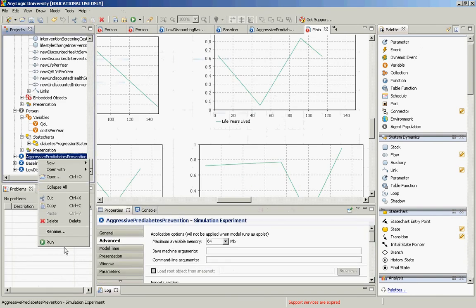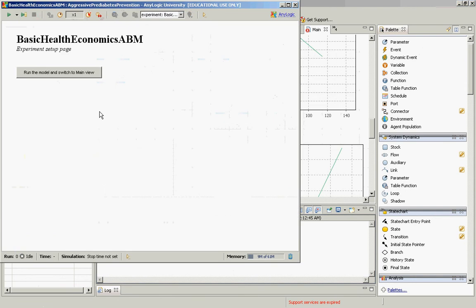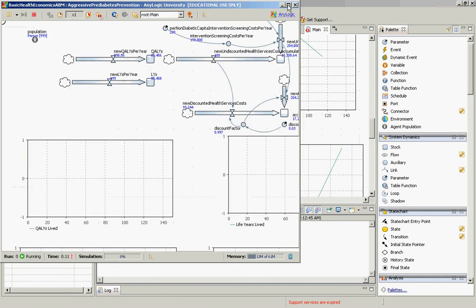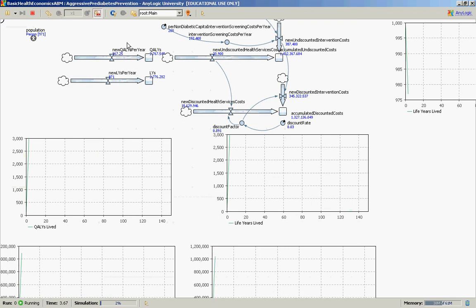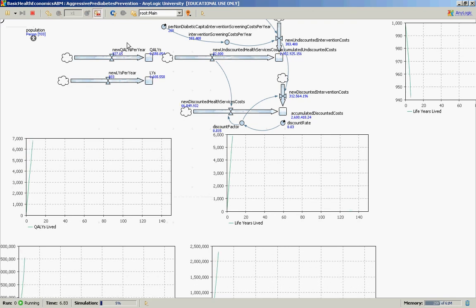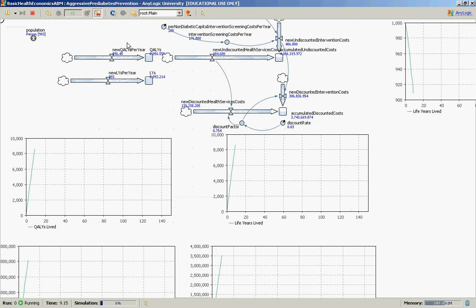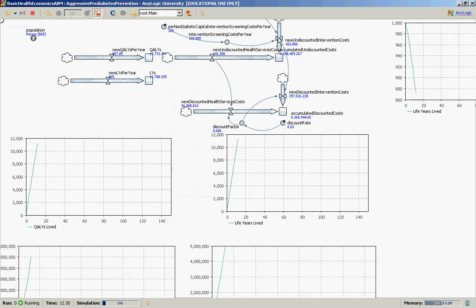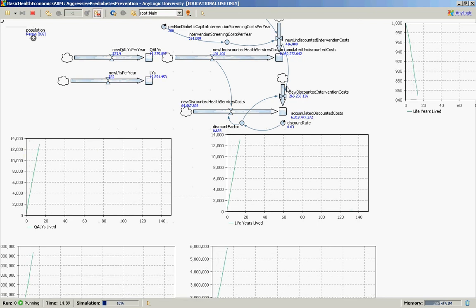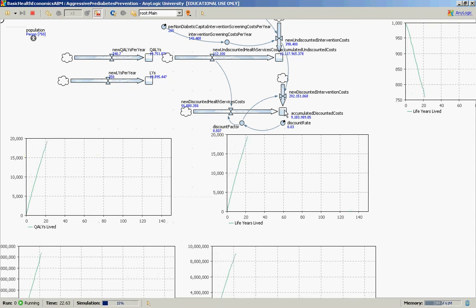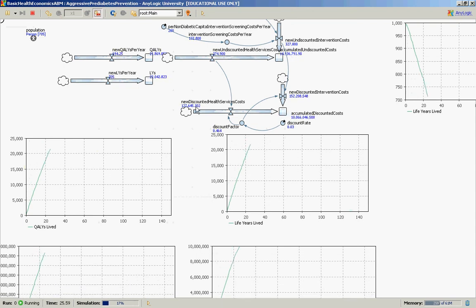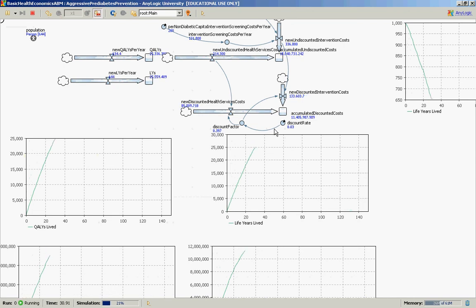So now let's investigate a scenario with aggressive diabetes prevention. Again, we're running it full tilt. Here we have, in contrast to the baseline, costs accruing from the interventions, costs which actually can be larger than corresponding health services costs.